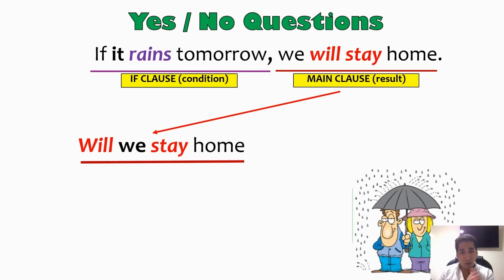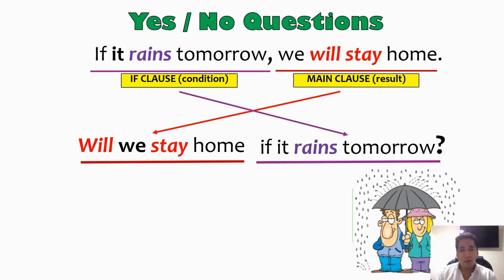First, take a look. You are going to have the main clause, but you will have first will, then the subject, then the verb in the base form. Will we stay home? And then comes the if clause. If it rains tomorrow? What about the answers? Okay, take a look. This is a question.